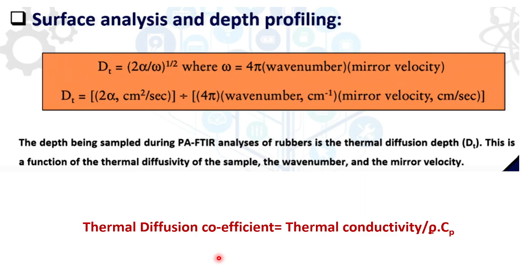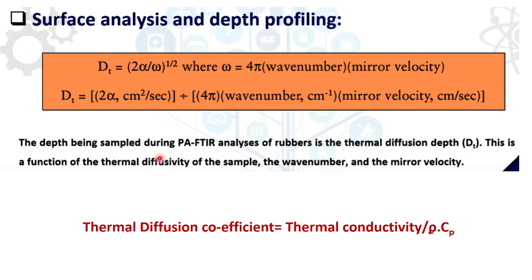Now dt equals (2 alpha by omega) to the power half, where omega, the frequency of the modulator, is 4 pi into mirror velocity. So dt equals 2 alpha, where alpha is the thermal diffusivity, divided by 4 pi into mirror velocity.